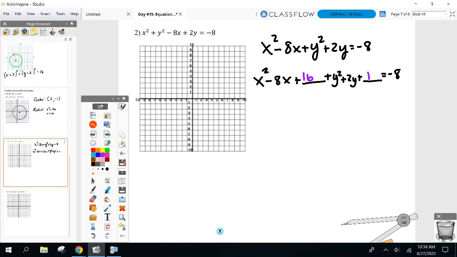Anybody know what I'm talking about? You were like this in step 1, and then you added this 16 and 1 on the left side, and now I'm like this. You're unbalanced. Whatever you do to one side, do to the other. So what do I have to add to the right side as well? What did you add to the left? Add 16 and 1. Whatever, you got to keep it balanced.